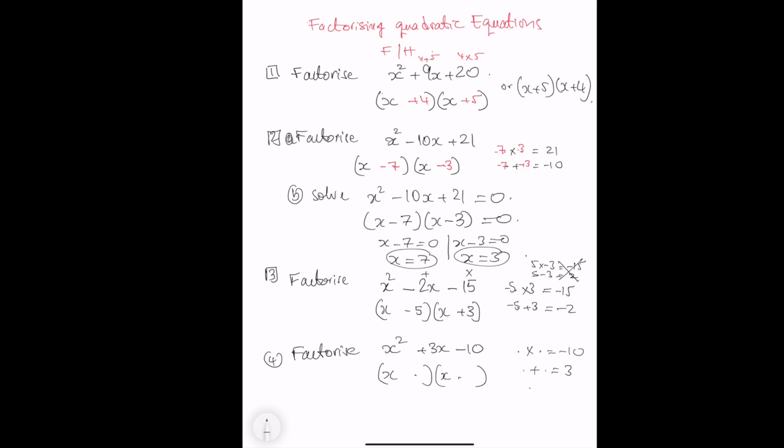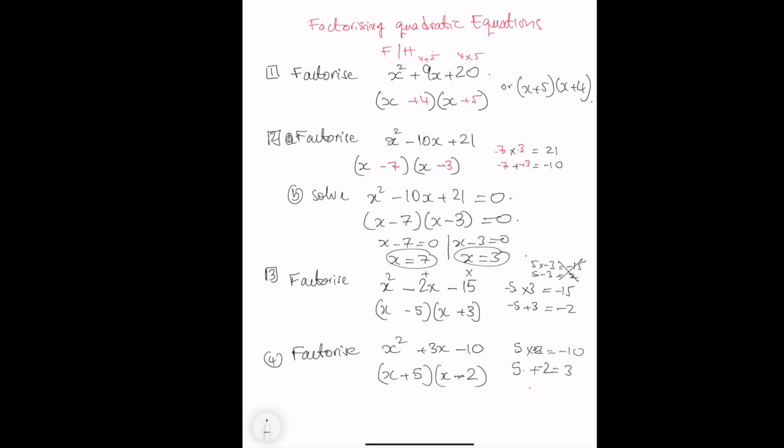The two numbers must multiply to give you minus 10. So let's say minus 5 and 2. But if I do minus 5 plus 2, I will get minus 3. So actually it's 5 and negative 2. 5 minus 2 is 3. Your numbers are plus 5 and negative 2.